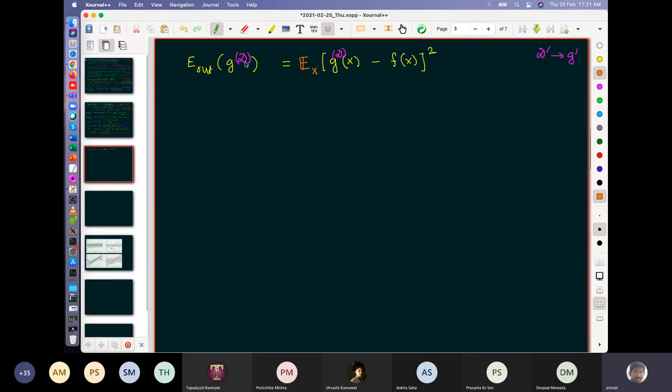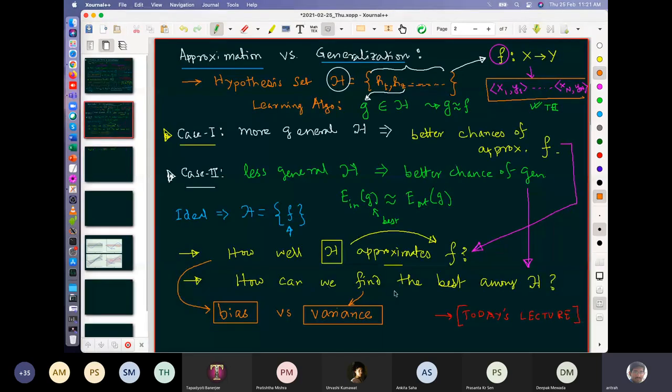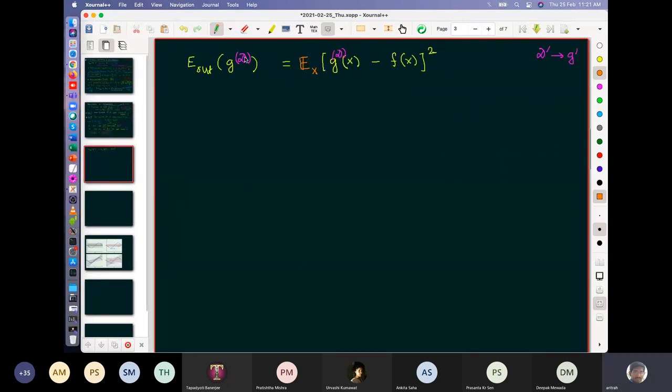That means I need to somehow maintain this g, because my concern is how best we can find it within a set and how that approximates the f, both things. Within a set means I started off with a training set. I need to find out for that training set where my g goes. That's why I need to have an alphanumeric notation for that. Okay, sir. You are absolutely spot on. So ultimately, since we also want a generalized notion of bias and variance, we will try to make this expectation also go over D as well.